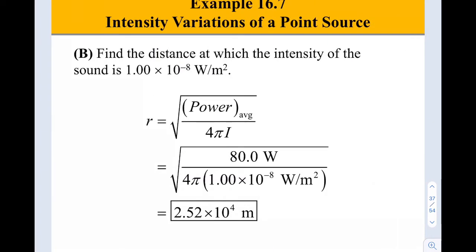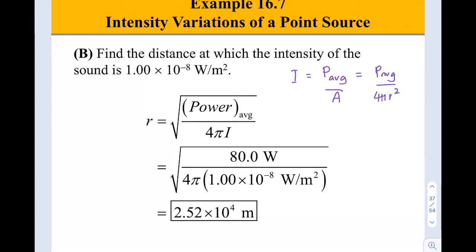Part B, find the distance at which the intensity of the sound is this one. Rearrange the equation from just now, where I is equivalent to average power over area, which is 4 pi r squared.